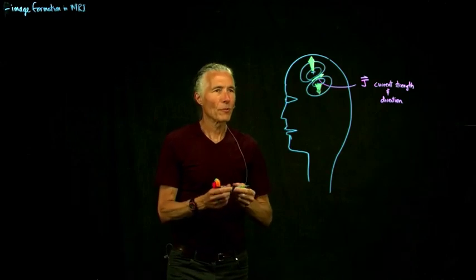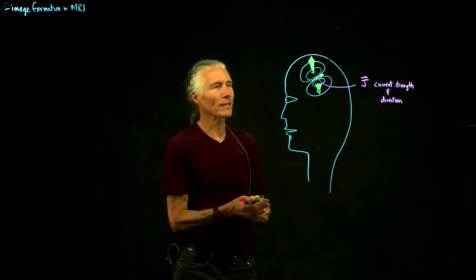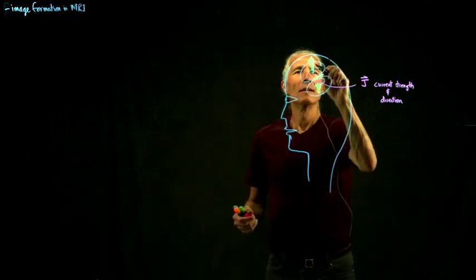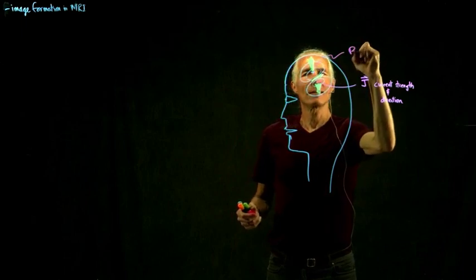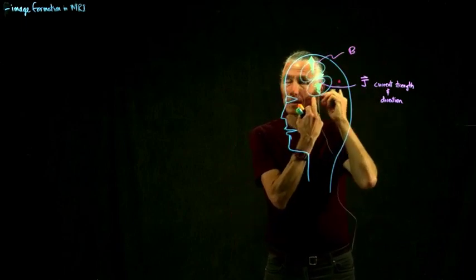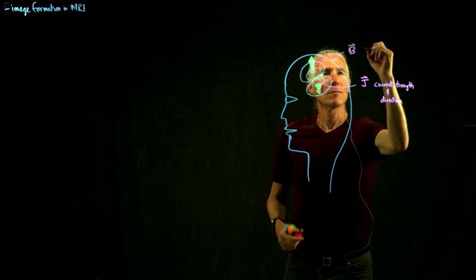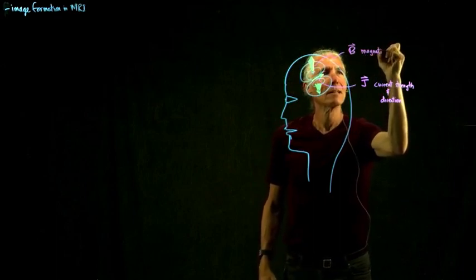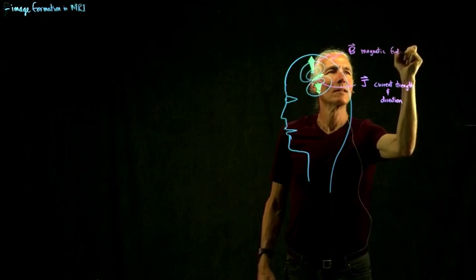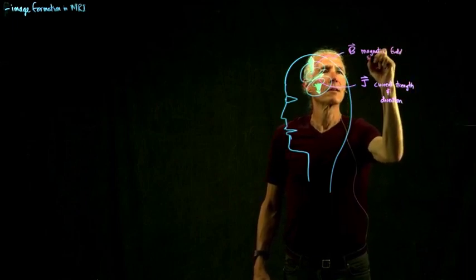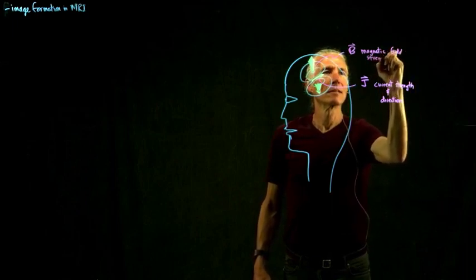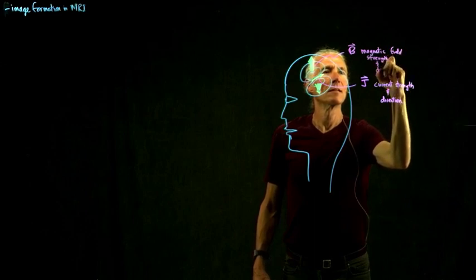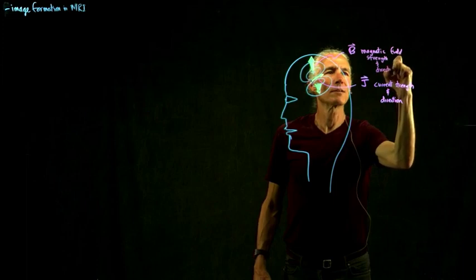Those vectors are the B vector. And what is that? That's the magnetic field strength and direction. So those are both vectors.